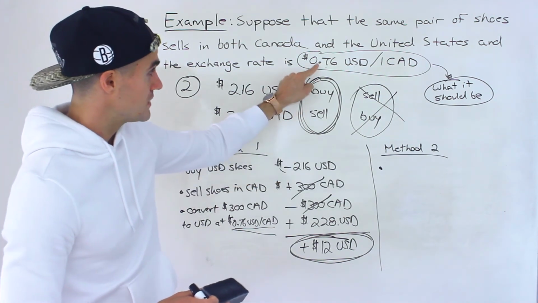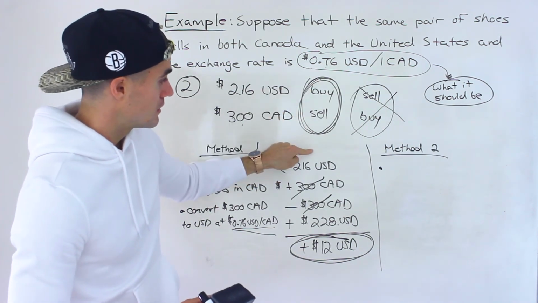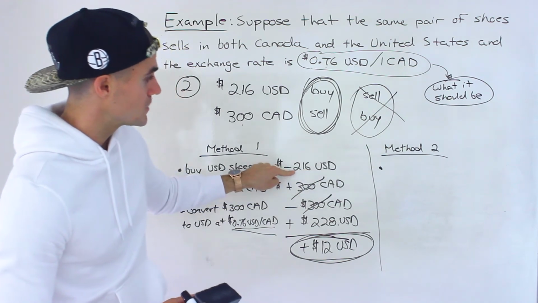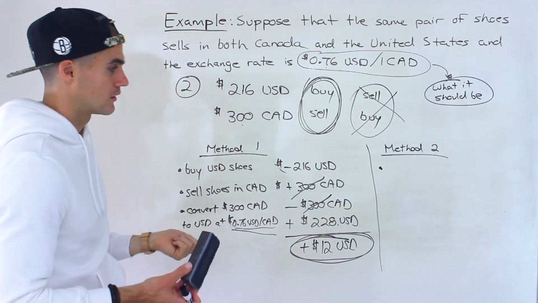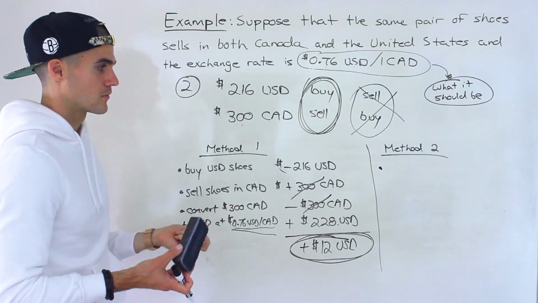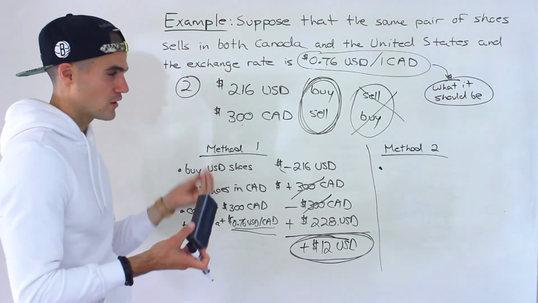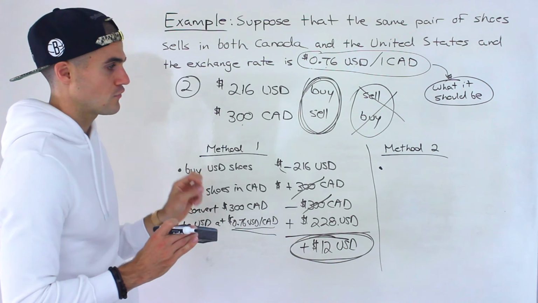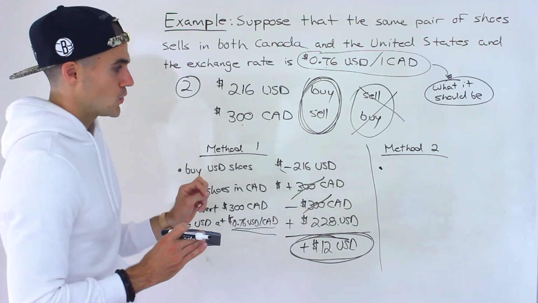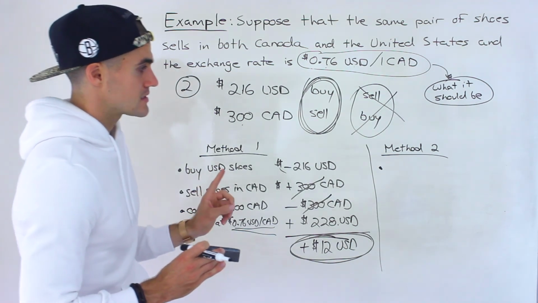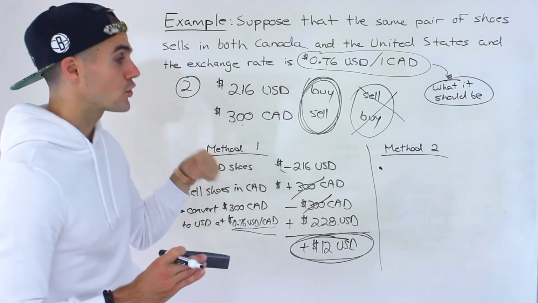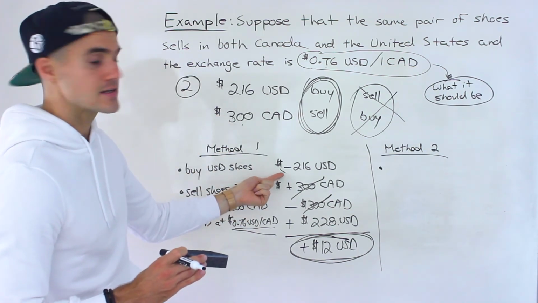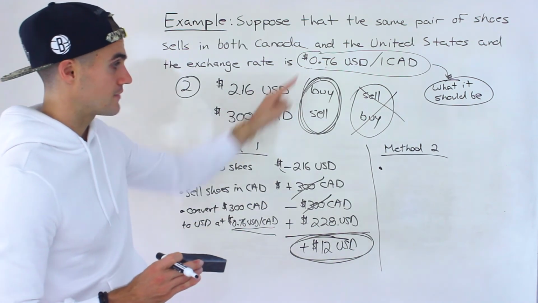With this exchange rate, how much is 216 USD worth? We calculated that before. It was 284 Canadian. Rounded to the nearest dollar, it's about 284.21, but let's just use 284. So we need to convert 284 Canadian to get 216 USD at the bank at this exchange rate.